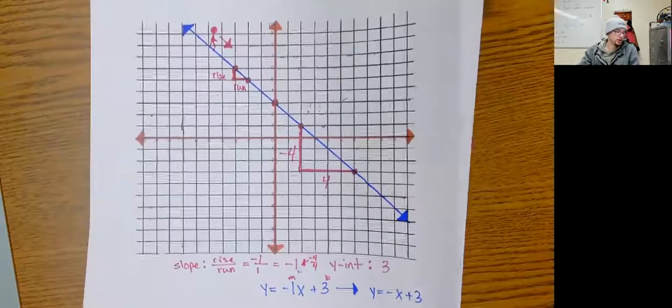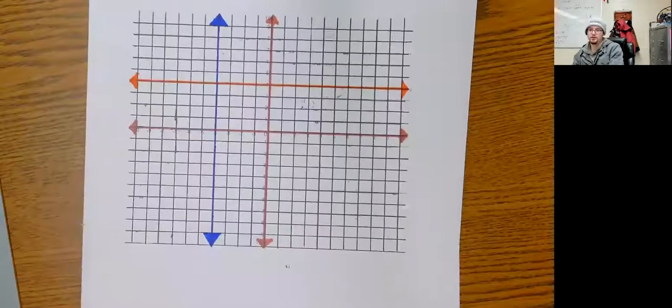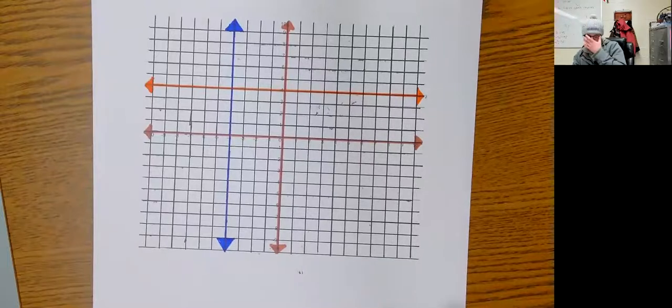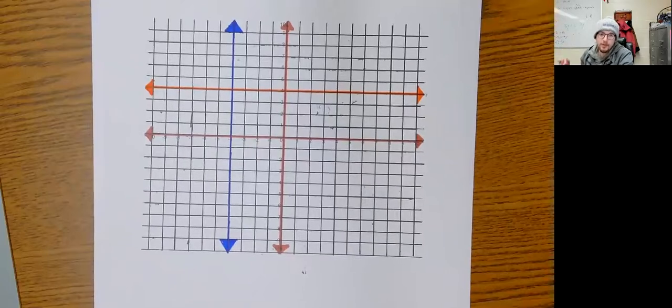Okay. Now I got some special cases here. We have some special lines. So looking at these lines, we got some fairly special lines here. We got a perfectly horizontal and a perfectly vertical line.